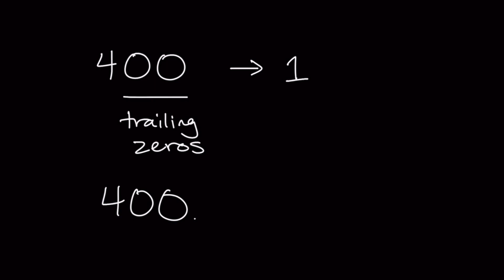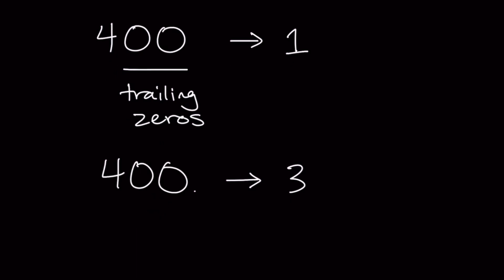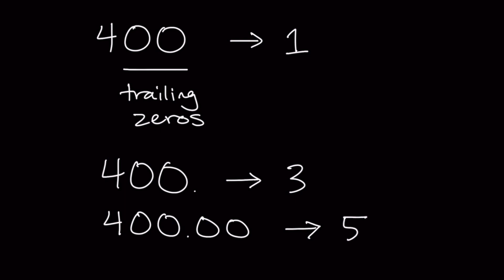On the other hand, since the second 400 has a decimal place, then this 400 has 3 significant figures. If there are trailing zeros after the decimal place, those get counted too. So 400.00 would have 5 significant figures.